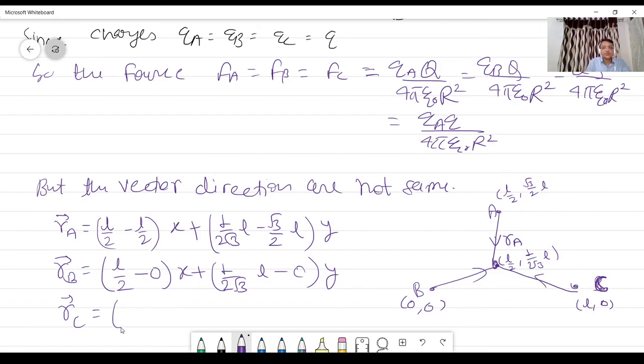So it will be L minus L/2 x plus 0 minus, sorry, I have written something wrong. I should use the end minus starting point approach.